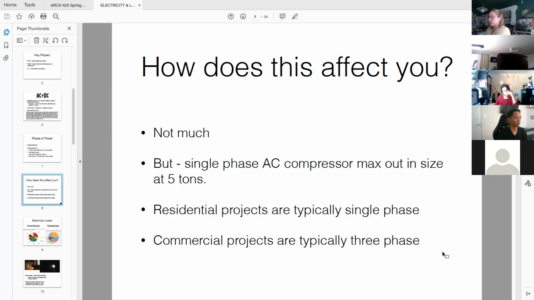And it has to do with all those previous terms we were just going over about power and flow and amps and resistance. So at the end of the day, residential projects are typically single phase, commercial projects are typically 3-phase, and they have different specifications for equipment.